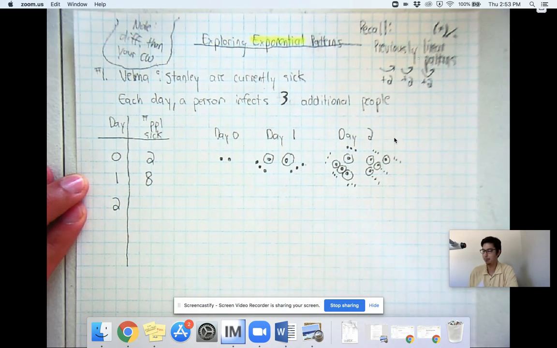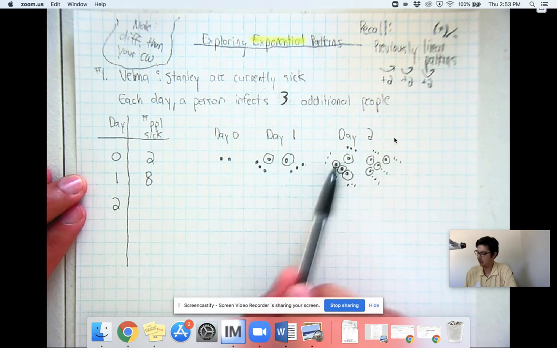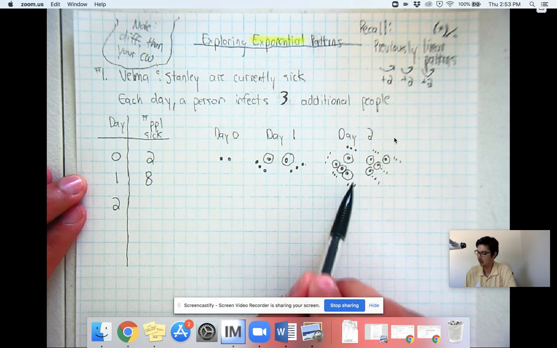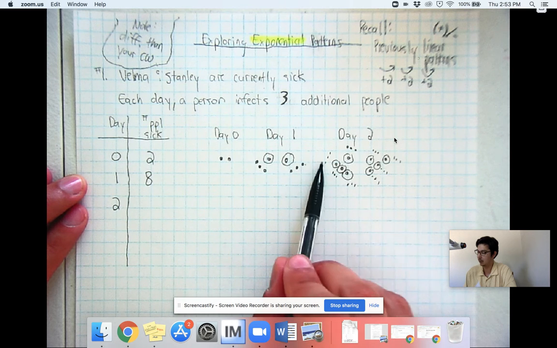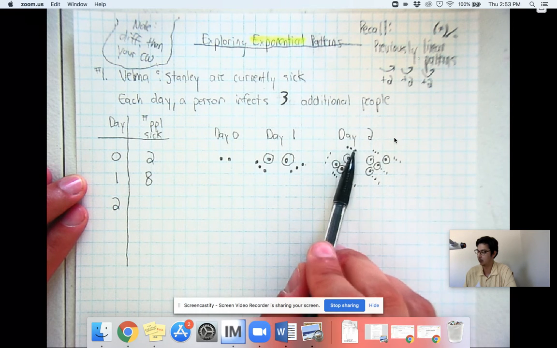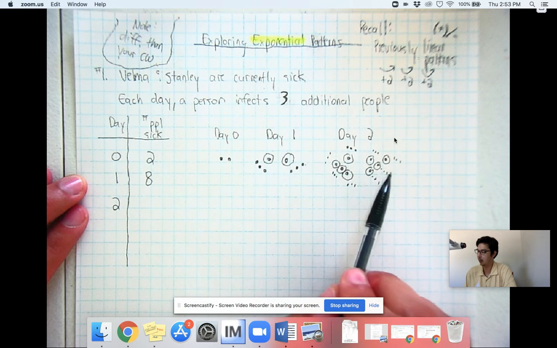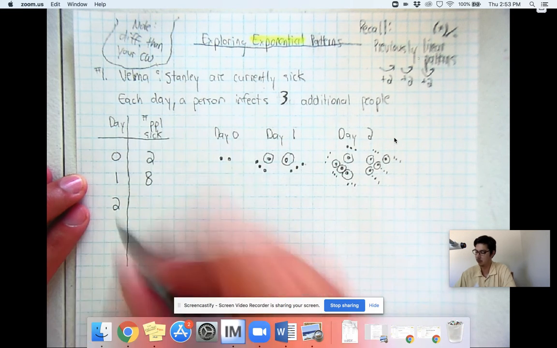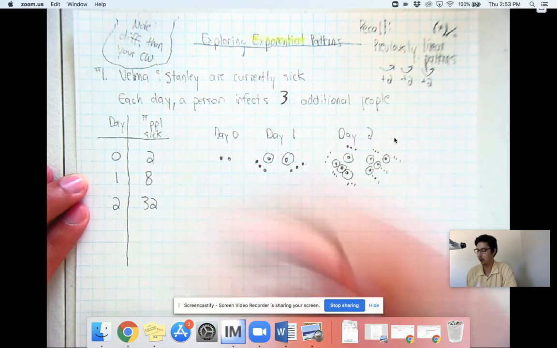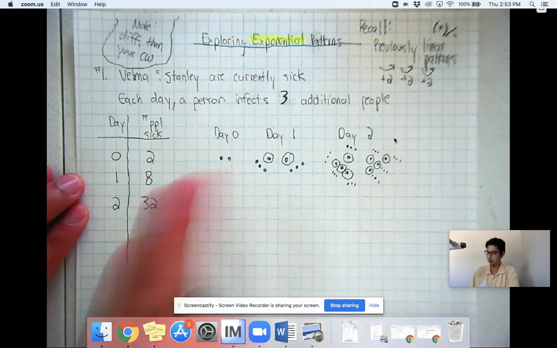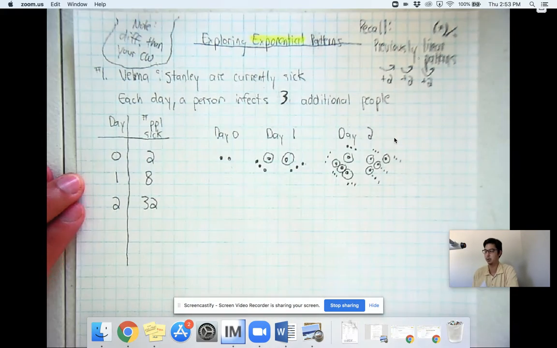And you can see how many people it's added up. Well, I know that there's 8 previously that I circled, and then we count on up to 32. So now there's 32 people. And notice how quickly that spread from just 2 people to 32 in just 2 days.